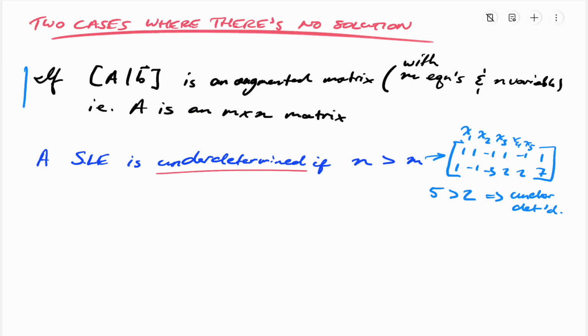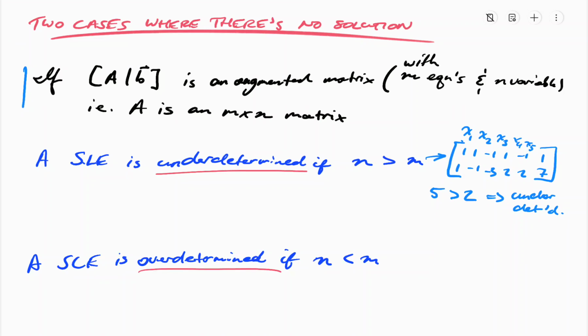On the screen, you can see that a system of linear equations is overdetermined if the number of variables is less than the number of equations. So that means we have too many equations and a lot fewer variables.